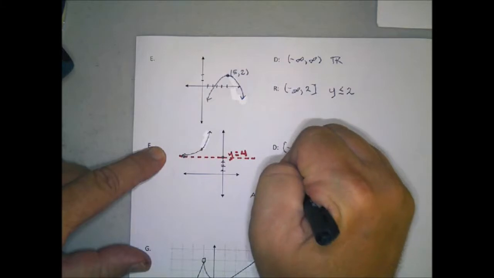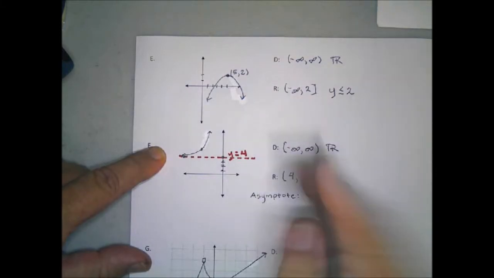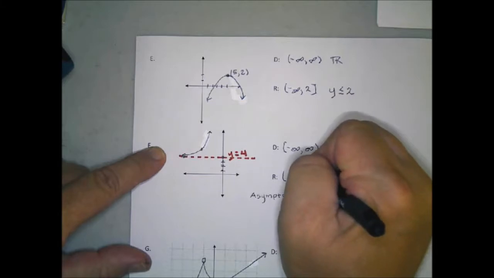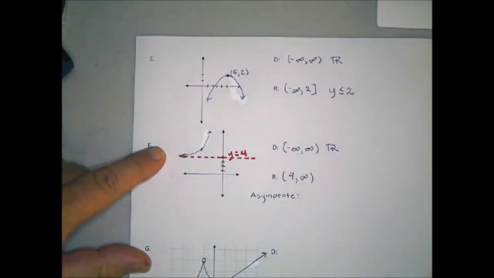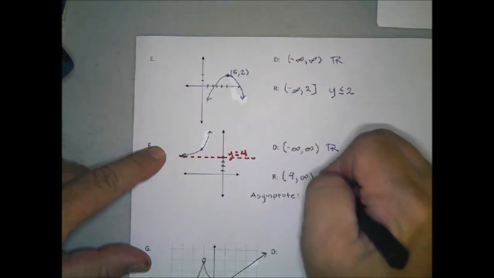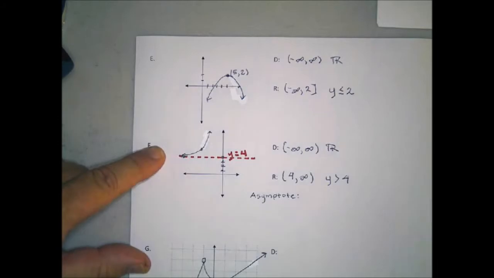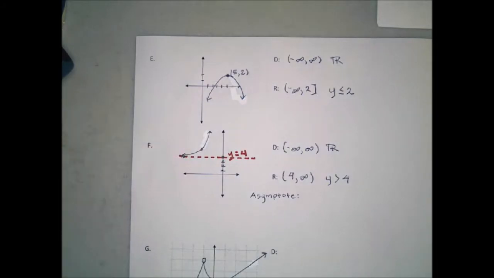So open with a 4, and it goes up forever and ever and ever. So we close the parentheses right there. Sorry, we leave them open. And now, the range values are all values of y that are greater than 4.